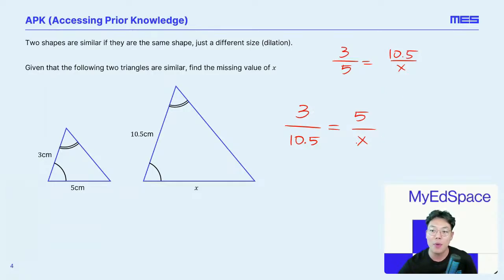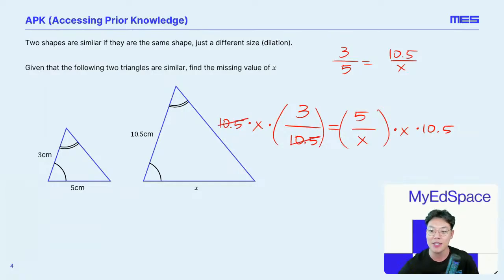We want to multiply both sides by x to bring x to the numerator. While we do that, we will also multiply both sides by this 10.5 to bring that to the numerator, or in other words, cancel it on the left side of the equality and multiply it times a 5 as well. Here we have to be careful to distinguish decimal points from the multiplication.